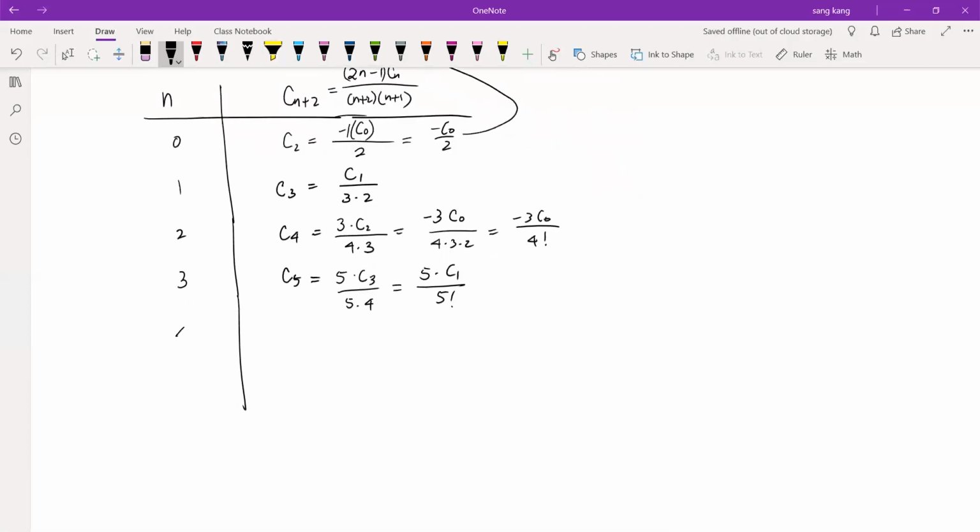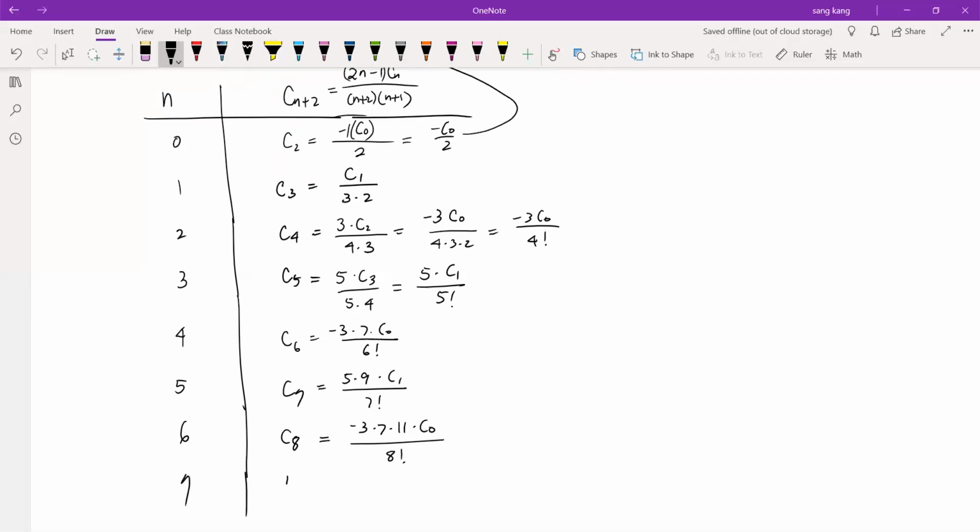So c6 equals negative 3 times 7 times c0 over 6 factorial. c7 is going to be 5 times 9 times c1 over 7 factorial. c8 is going to be the next one over 8 factorial, and c9 is 5 times 9 times 13 times c1 over 9 factorial.